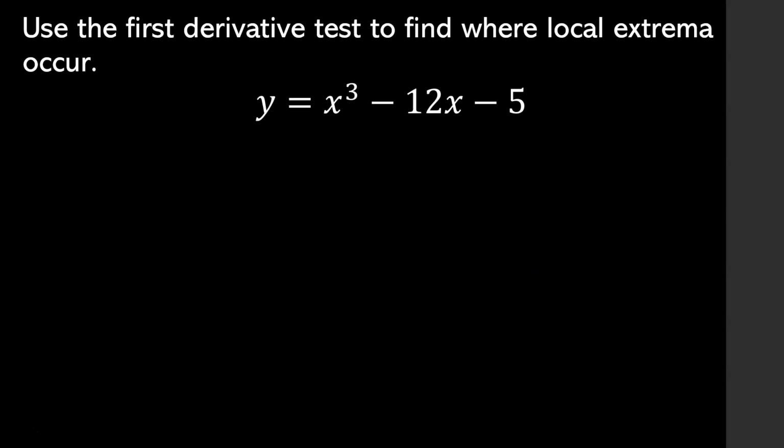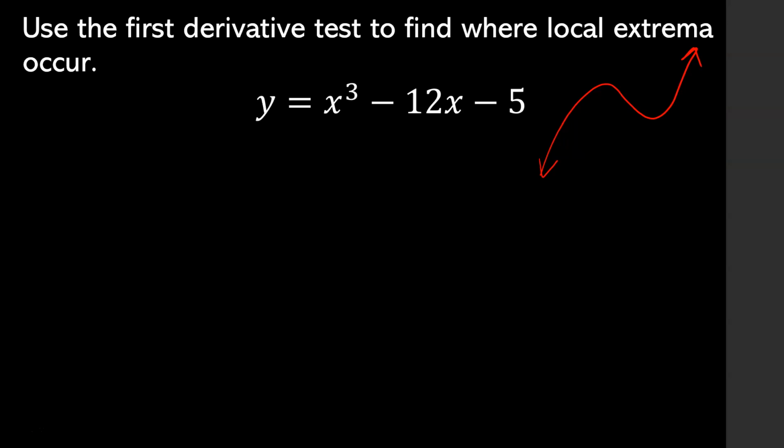Before you start, you should have a guess as to what x cubed minus 12x minus 5 looks like, something like this. The left and right hand end behaviors go in different directions. Maybe this graph has one maximum and one minimum. We're not sure. So let's find out. We're going to use the first derivative to figure out what's going on.